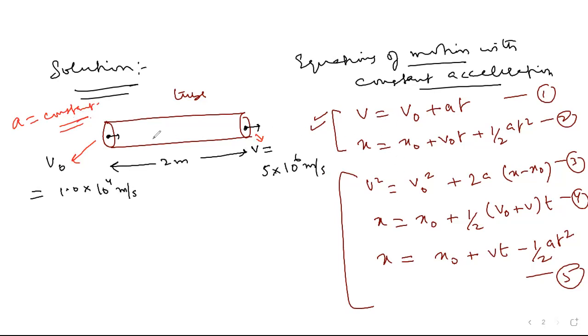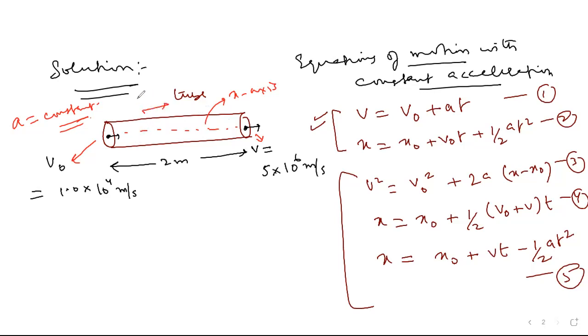And this straight line along which motion is taking place, we label it as x-axis. We need to specify now. So we take our x-axis parallel to the tube. Its positive direction we need to specify. What we do, we take its positive direction as the direction in which the particle is moving.